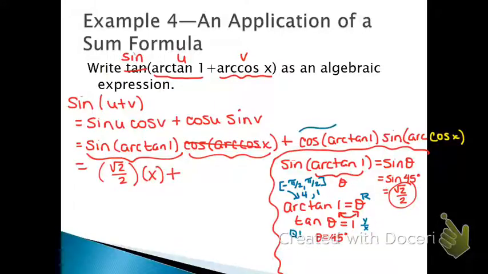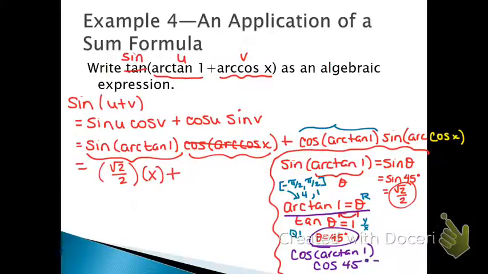Now I've got to go and do the cosine of arctangent of 1. Well, we already said that the arctangent of 1 equals theta, meant our theta was what? 45 degrees. So if I'm looking for cosine of that arctangent of 1, you already told me arctangent of 1 is 45 degrees.